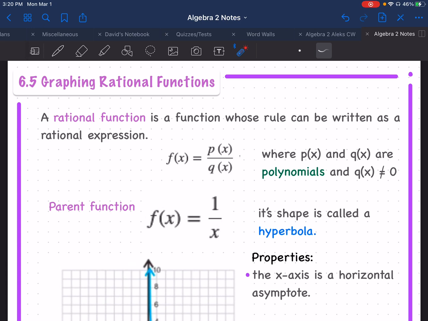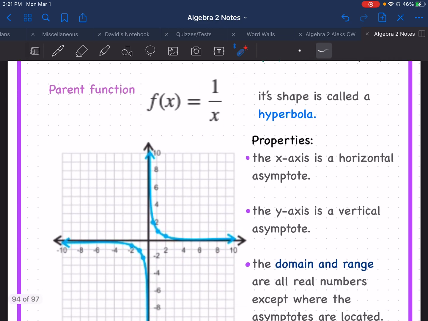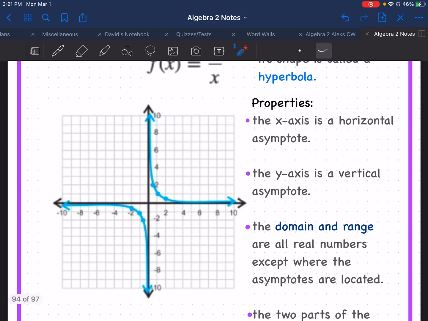The parent function of my rational function is 1 over x. It is called a hyperbola. It has these properties. The x-axis is what is called a horizontal asymptote, so there's an imaginary line right there, which is y equals 0.